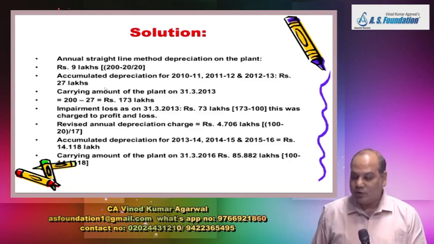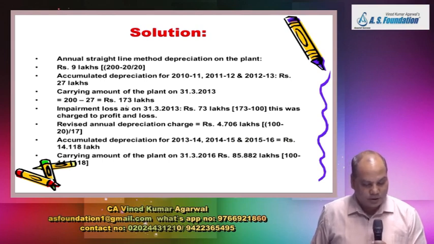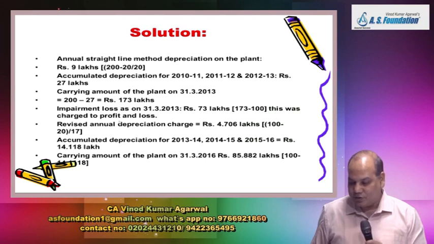And how many years are over? 3 years are over. Means you have provided in 3 years time 27 lakh rupees of depreciation. So carrying amount is 173 lakh after 3 years. And the recoverable amount is 100 lakh. So have you computed the impairment loss of 73 lakh? Yes or no? So write down up to that first.